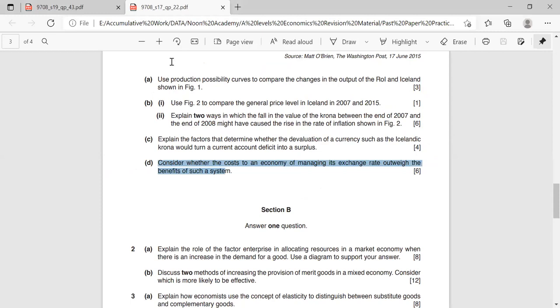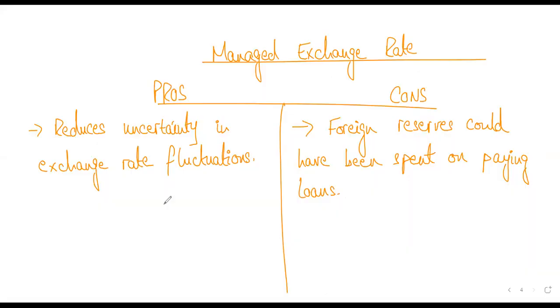So we have explained 2 sides, but we should write at least 1 more point, because 1 mark for identification and 1 mark for explanation. Right, we good on this? Okay, now moving forward, students, foreign reserves could have been spent on paying loans, reduces uncertainty in exchange rate fluctuations.